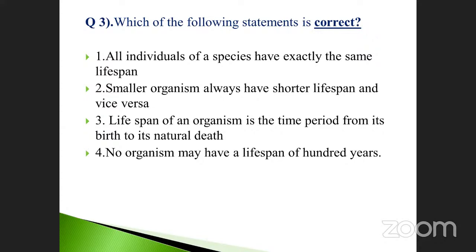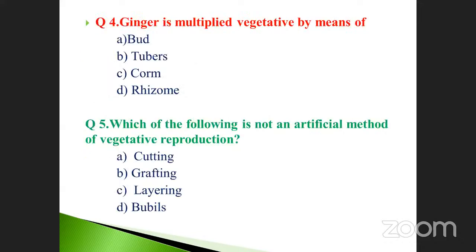The lifespan of an organism is the time period from its birth to its natural death. Some organisms may have a lifespan of 100 years. The third one is the correct one. Very good, because the others do not fit the question. Okay, go to the next one.